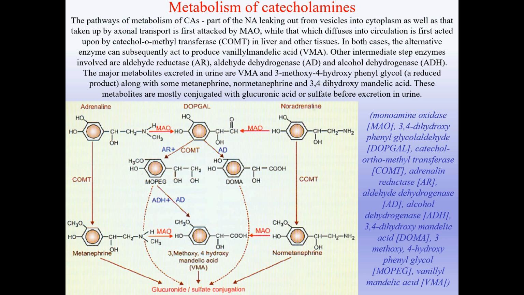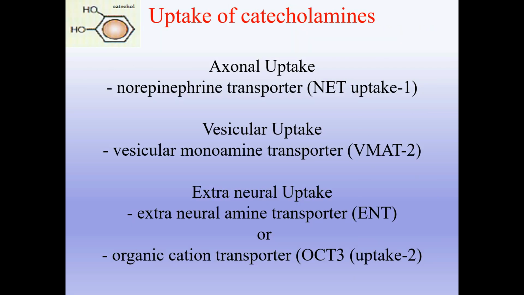These metabolites are mostly conjugated with glucuronic acid or sulfate before excretion in urine. And also about uptake of catecholamines. Axonal uptake, norepinephrine transporter, vesicular uptake, vesicular monoamine transporter, extraneural uptake, extraneural amine transporter, or organic cation transporter.